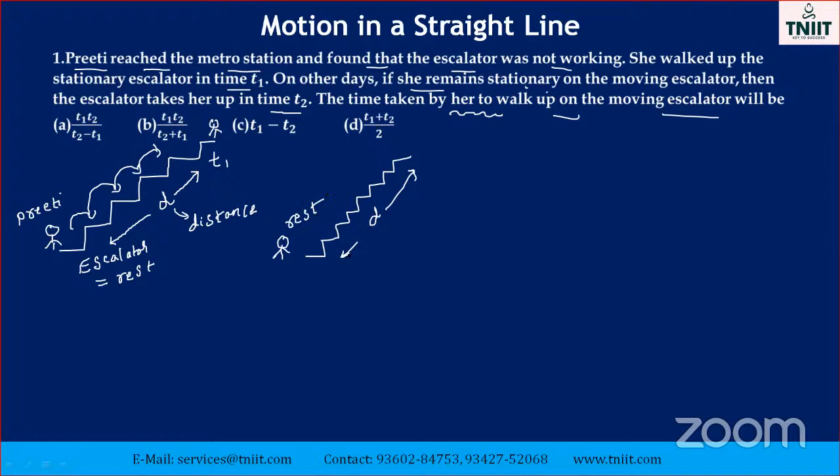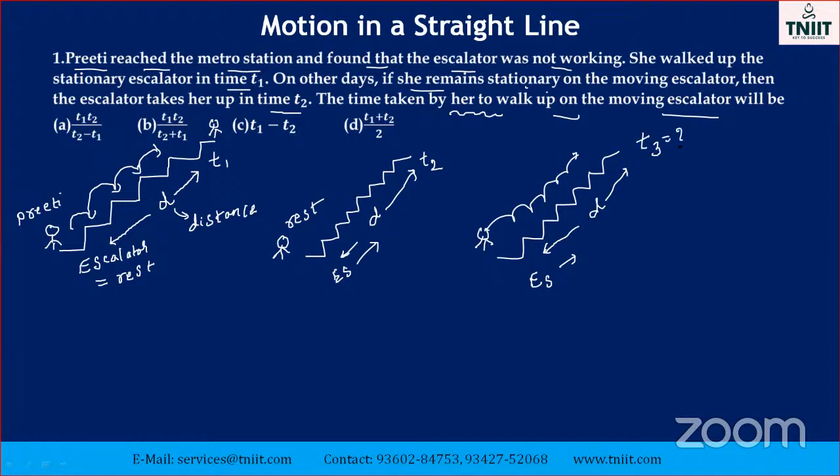This escalator is moving and it takes the time T2. Got it? Now, in the third case, the escalator is also moving, but Preeti is also climbing. But the distance traveled will be the same, isn't it? So what will be the time T3? You have to find this out.